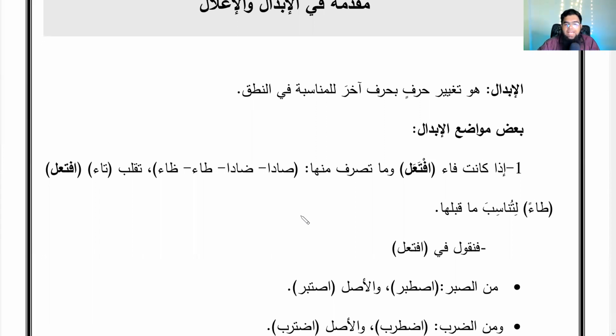First one: إذا كانت فاء افتعل وما تصرف منها. I think it is تصرف, or صرف يصرف. Sarf is to conjugate, I think. الله أعلم. إذا كانت فاء افتعل وما تصرف منها, and whatever is conjugated from it.